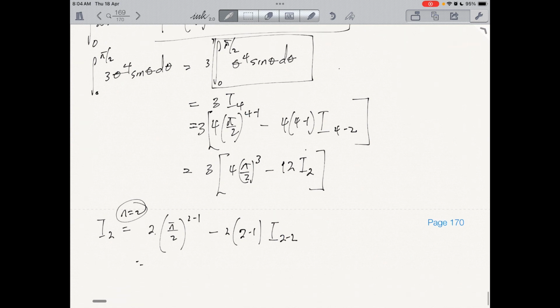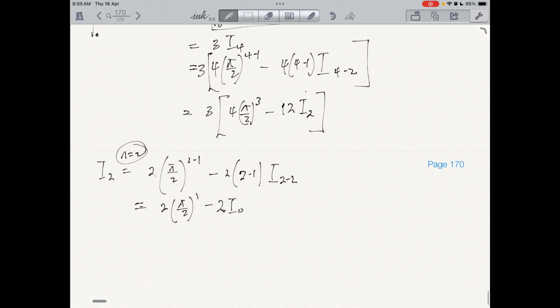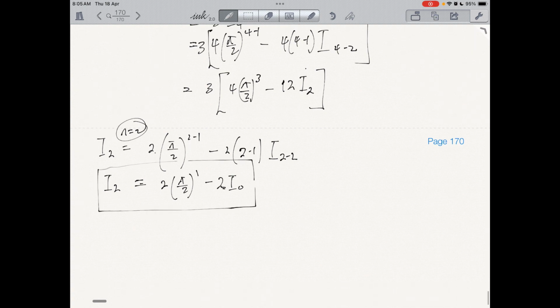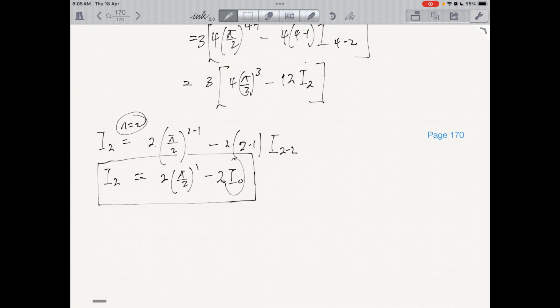So this will give us 2 into pi over 2 raised to the power 1 minus 2 into 1, that is 2, of I naught. So this is an expression for I2. Now we can see that from I2, we still have to evaluate I naught.